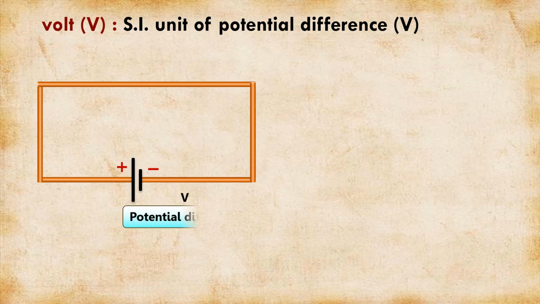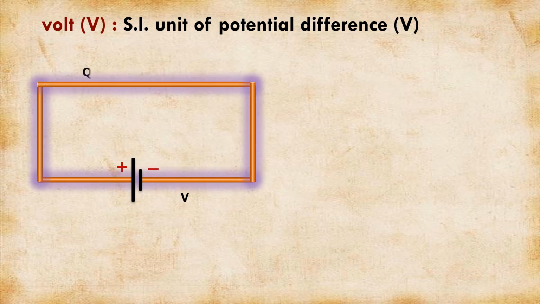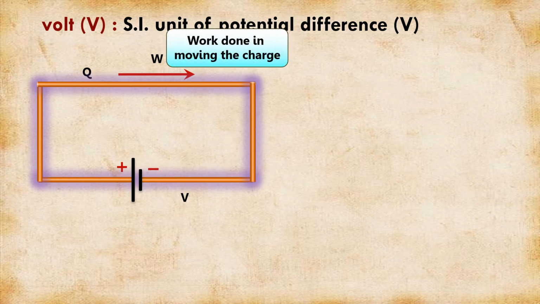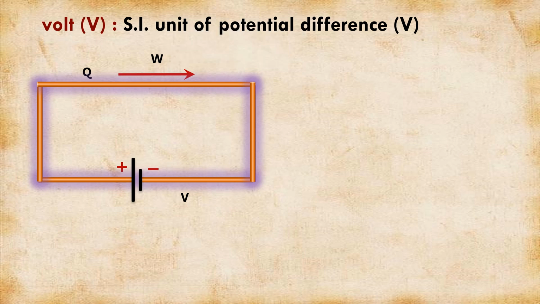V is the potential difference. Now see, current is flowing. Charge Q is flowing. W is the work done in moving the charge from the positive to the negative terminal.